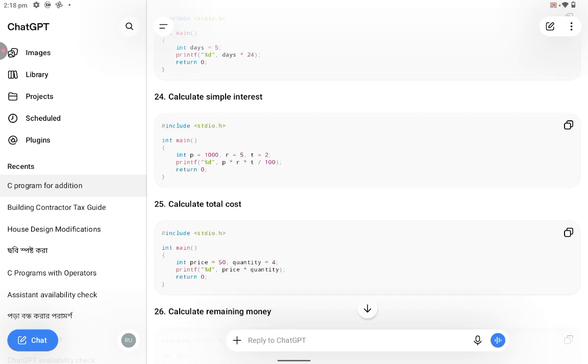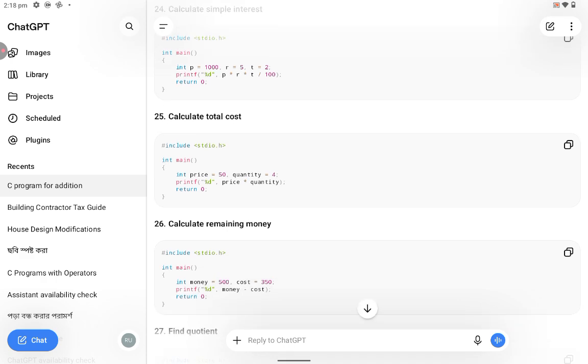Calculate simple interest. What is the formula? PTR by 100. Principal, rate of interest, time. They will be multiplied like P into T into R by 100, which will give you the simple interest of any principal with the rate of interest and time.